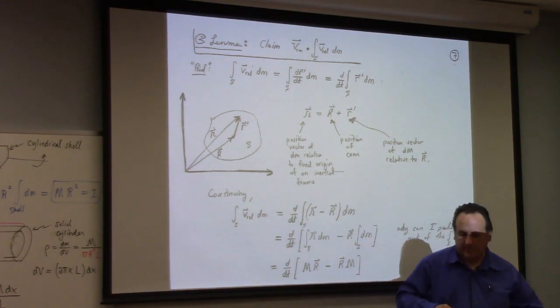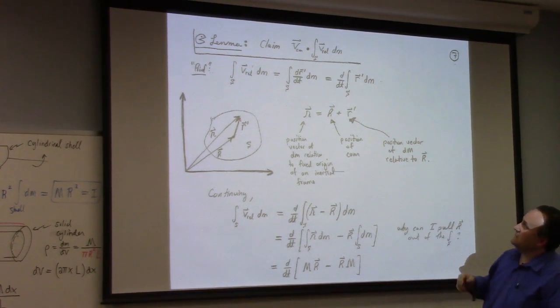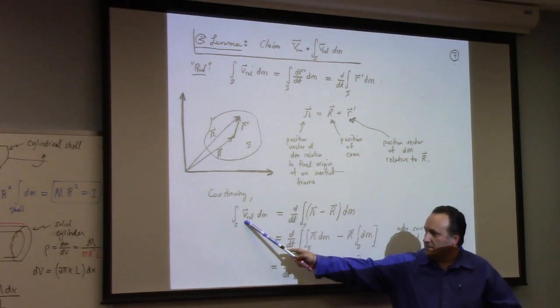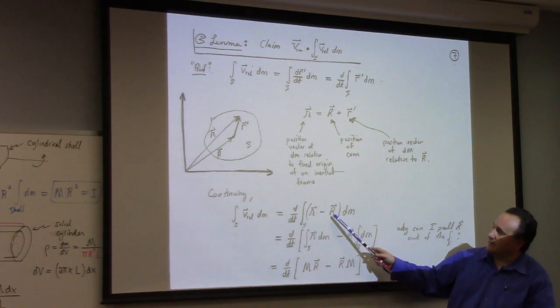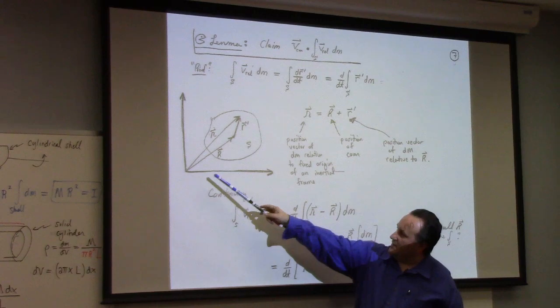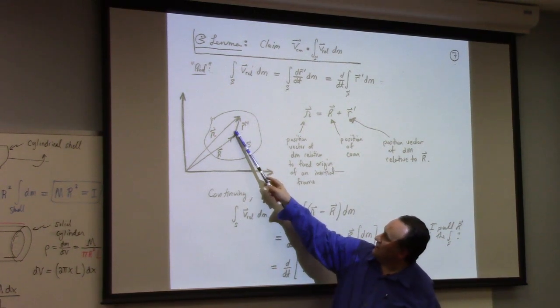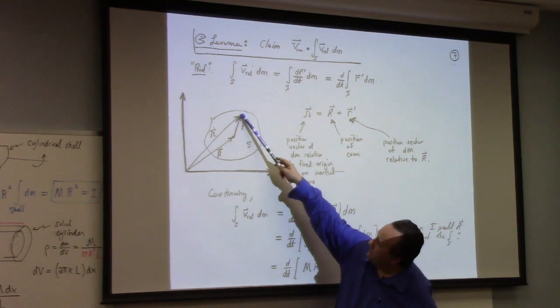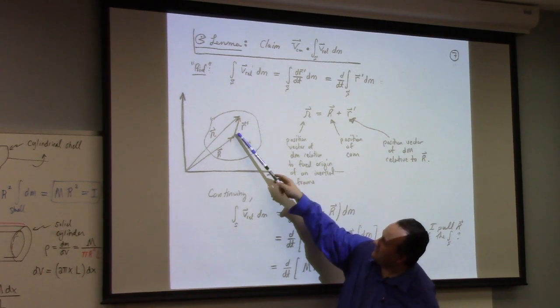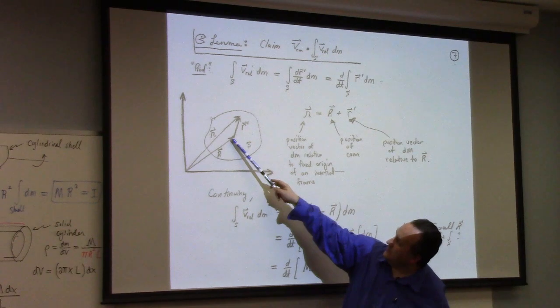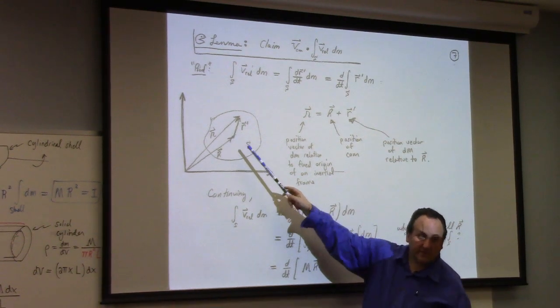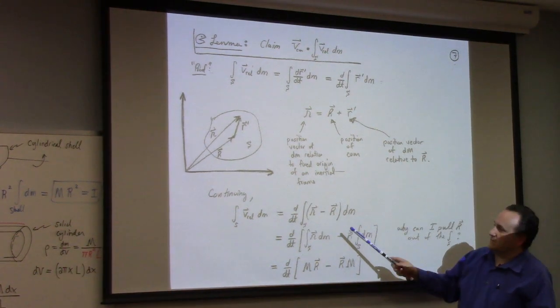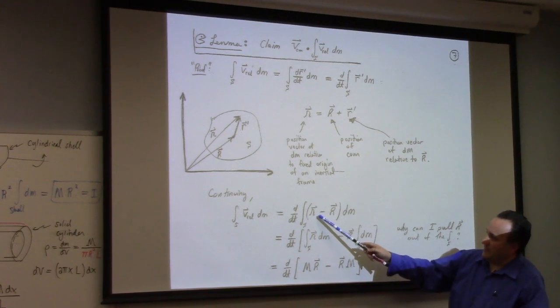Now here are the details of why that other term vanishes. The relative velocity is the coordinate from the origin. So here's r prime, right? R prime is equal to the difference between your position relative to the origin and the position vector of the center of mass. So that's what we have here.